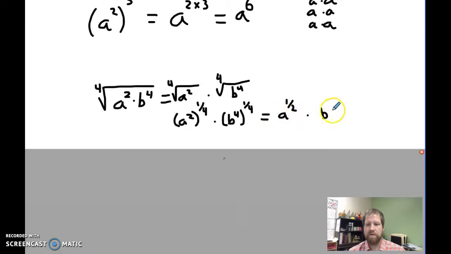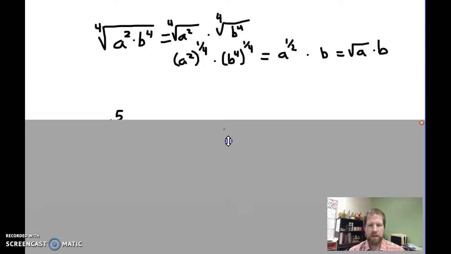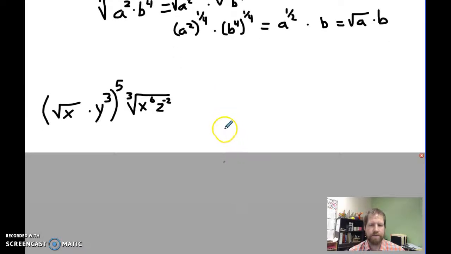So I've simplified this down to a to the 1/2 times b, or, just to write it differently, the square root of a times b. Let's look at a real complicated one.